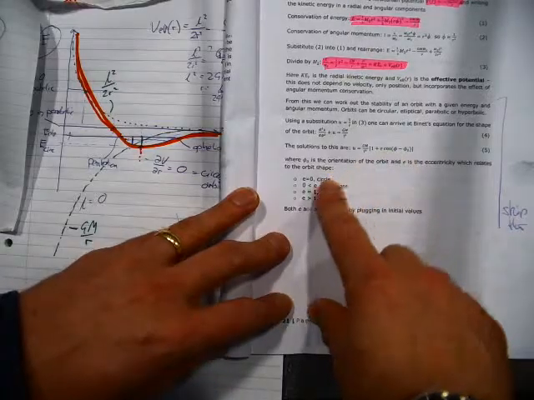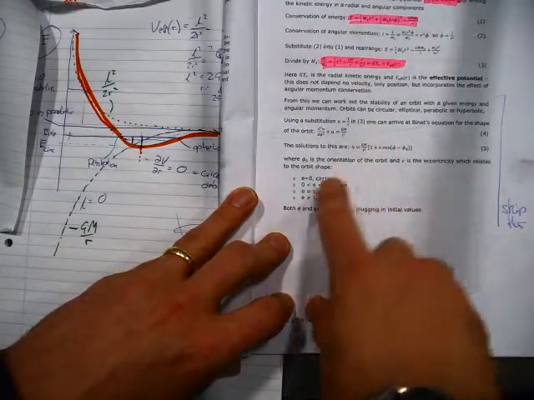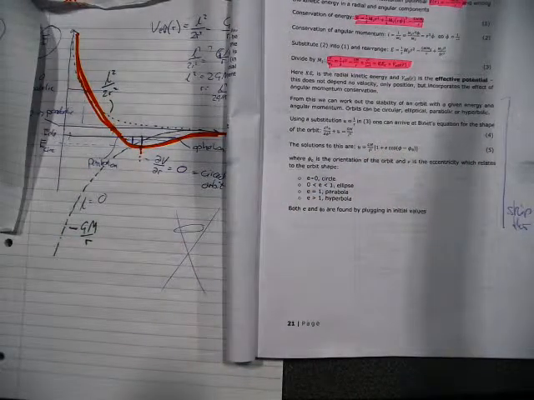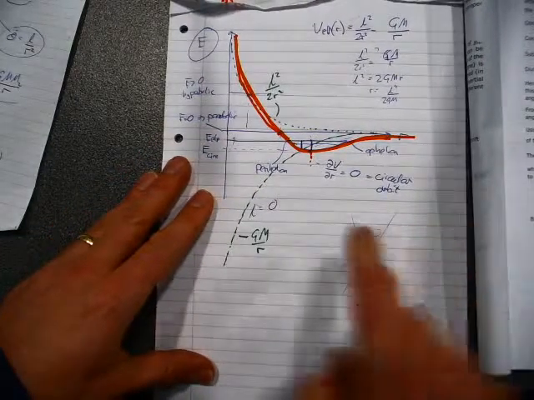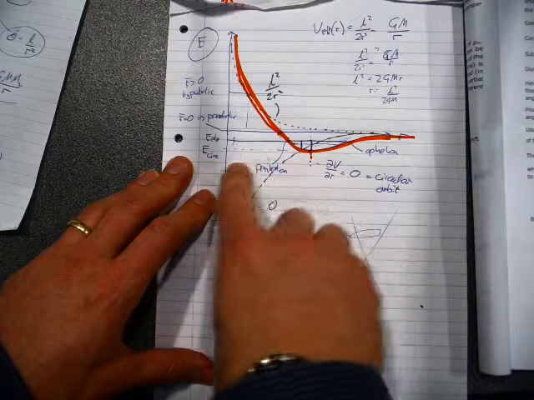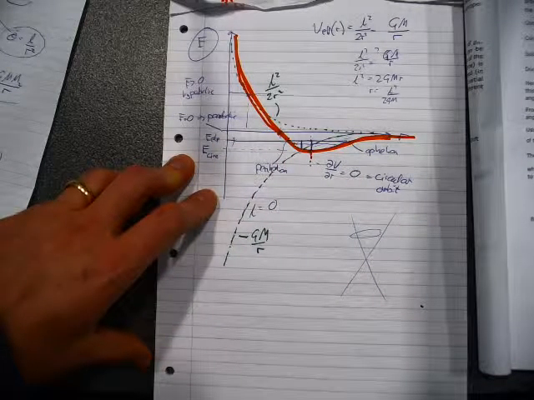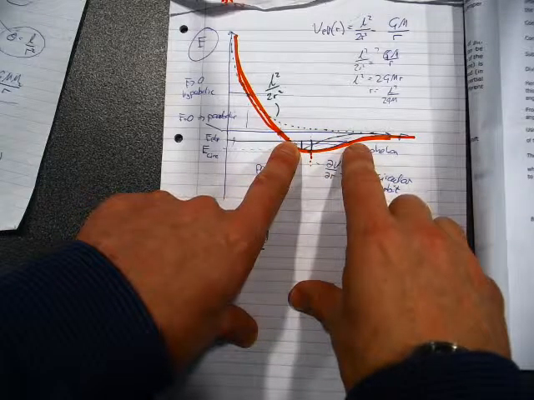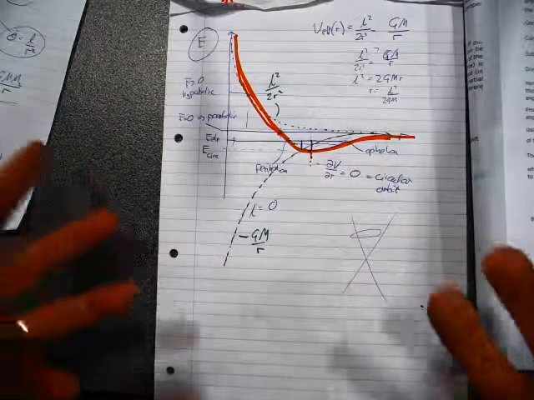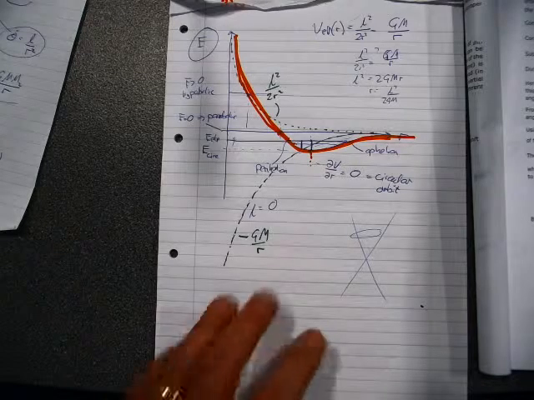You end up getting the 4 different types of equation that we've seen. From here you can't actually tell that this one is elliptical. We had to bring other knowledge in, but we know for sure that this is bound. We know it has a minimum and a maximum radius, but from this graph alone we don't know that it's elliptical. You need to do a little more maths to prove that, but you can learn quite a lot about the orbits from this.